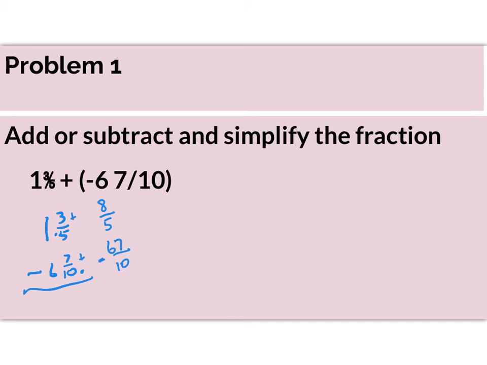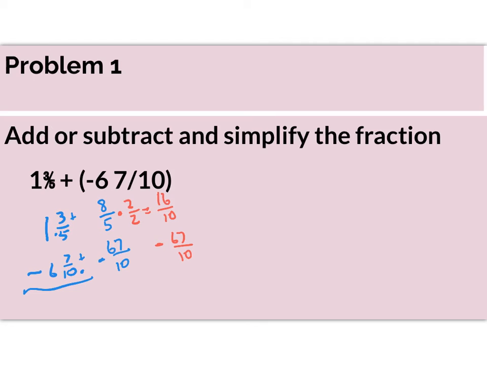Negative. Now we have to deal with the fractional part, the different bottoms. You got 5 at the top, 10 at the bottom. 5 goes into 10 twice. So if we multiply the top fraction by 2, we come up with 16/10 minus 67/10.